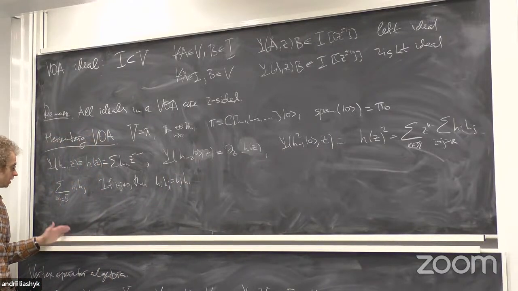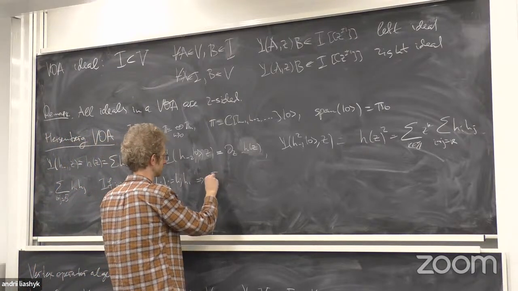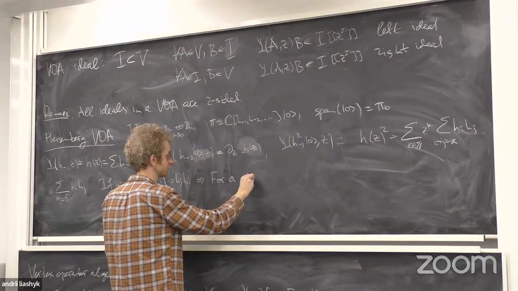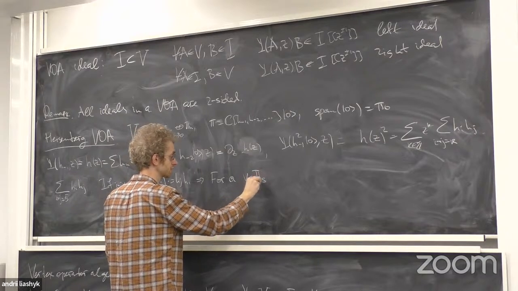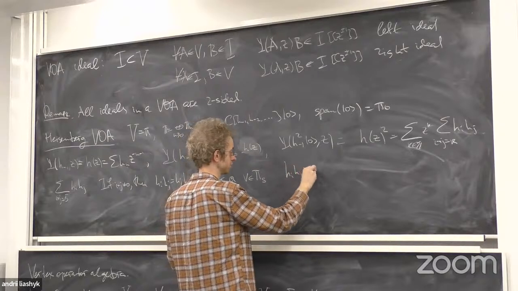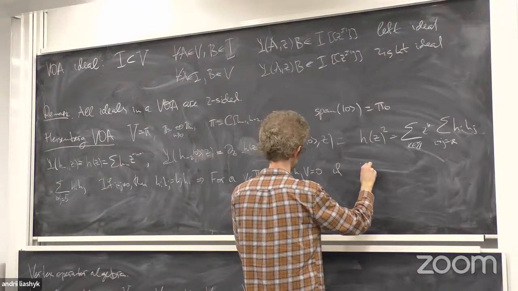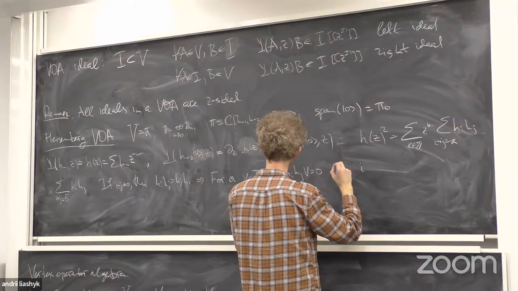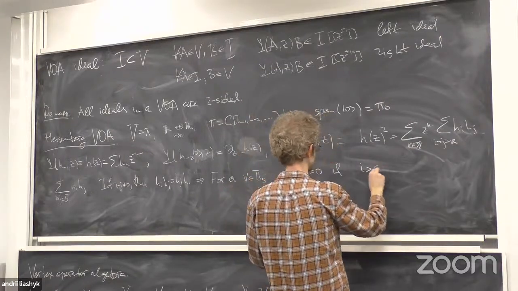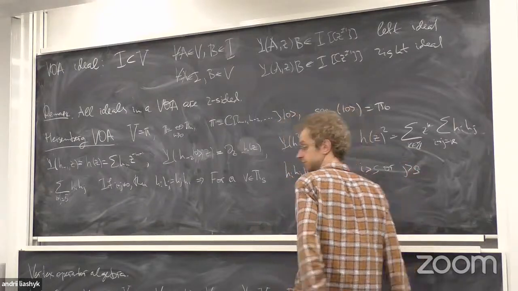And therefore, for any v, say from phi s, hi hj v is 0 if i is greater than s or j is greater than s.